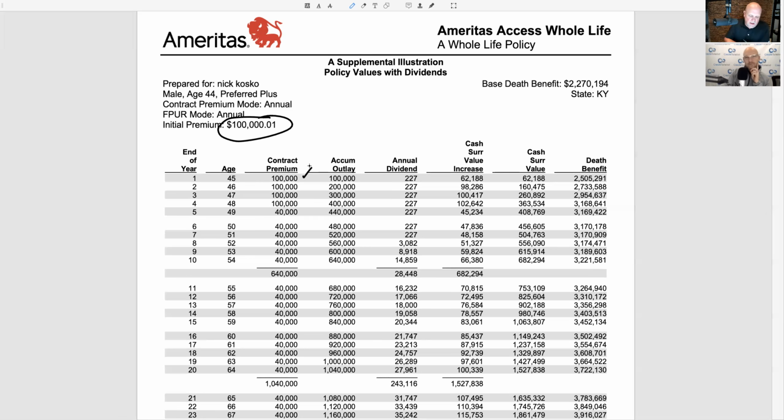The first year I put in 100,000, I have 62,000. My increase, obviously, this column right here is 62,000. The next year I put in 100,000. Hey, Jim, in that first year, if you wanted to do banking, how long did you have to wait to use the 62,000? Less than 30 days.